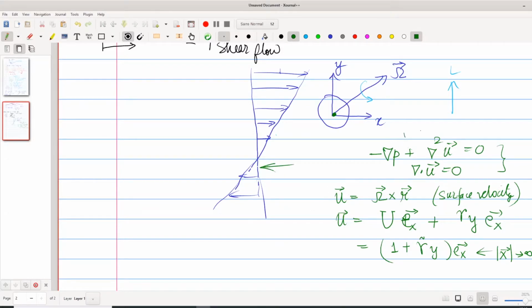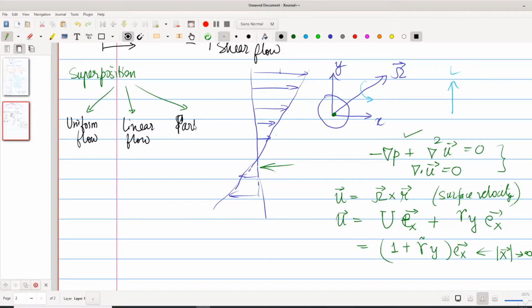Now, because the equation is linear, we can perform a superposition of three fields. So the superposition is comprised of three different things. The first thing is a uniform flow. The second thing is a linear flow. And the third thing is a particle rotation. For all these three, the governing equations are still the same.